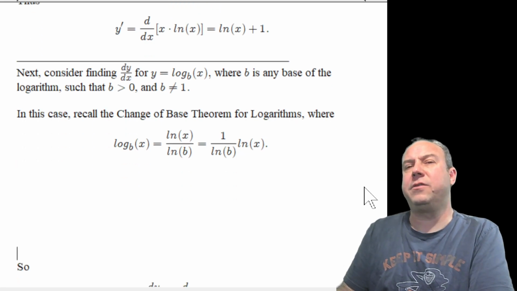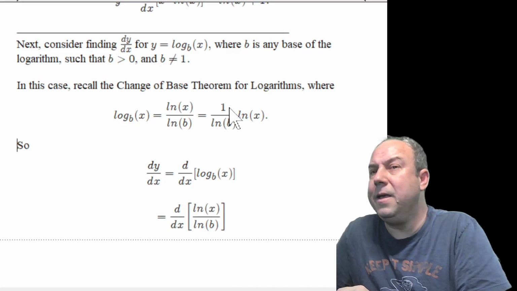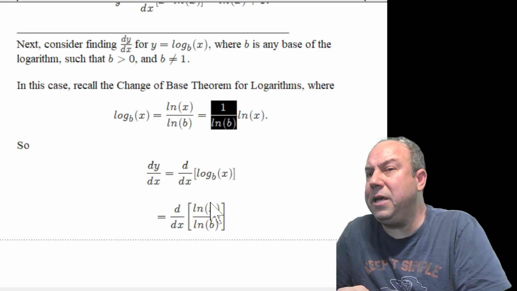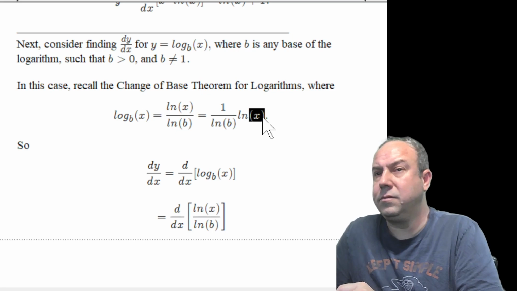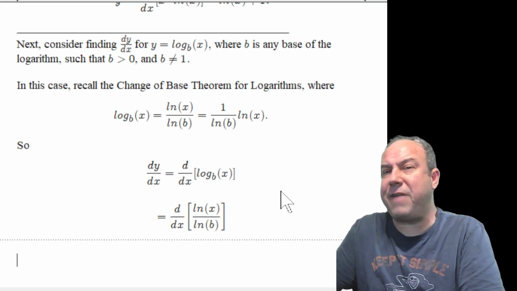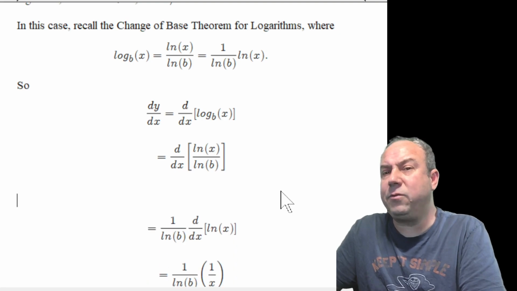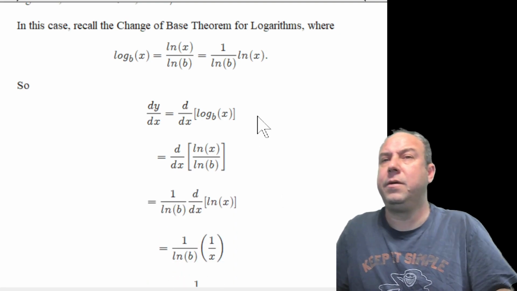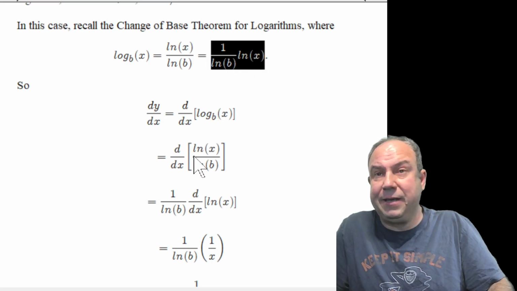So if we apply the derivative operator to that result, this 1 over the ln of b being a constant multiple can be factored out of that derivative operation, and we're left with, in fact, let me bring this in, because I think this will be a little nicer to say than this.